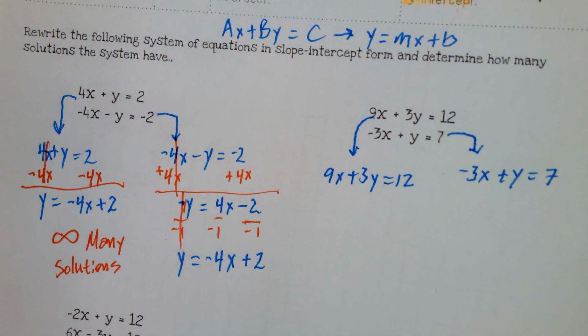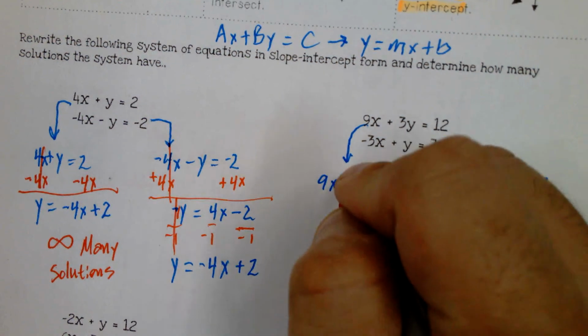It's like a shortcut. If you take a term like 9x, bring it over to the other side, what happens to that 9x? It goes from positive to negative. Whenever you move a term from one side to the other, it switches signs. That's going to happen each and every time. So if you're comfortable with that, you could say, you know what, I need to move this over.